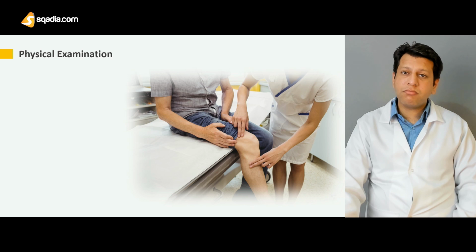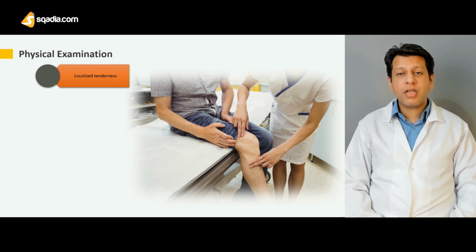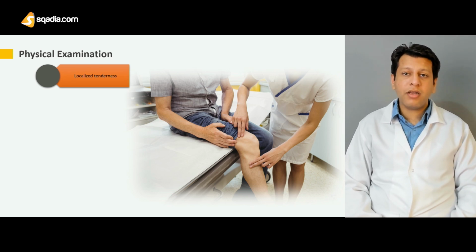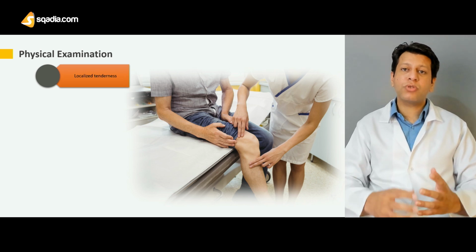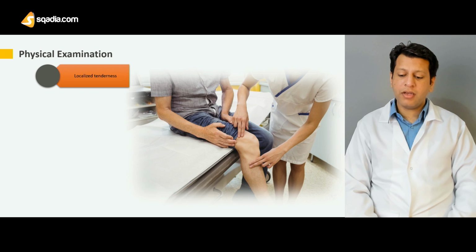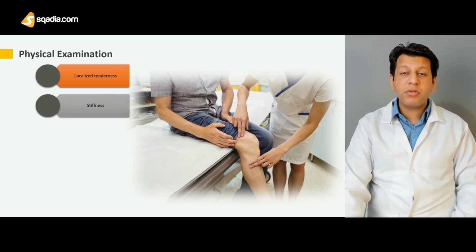Tenderness could be generalized or it could be at a certain point. If it's localized tenderness, that will mostly be present around the medial side or medial femoral condyle, because the most commonly involved area is the posterior lateral aspect of the medial femoral condyle. If there is generalized tenderness, then it could be stiffness.